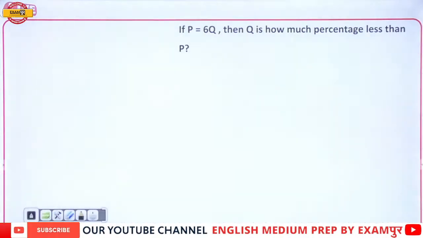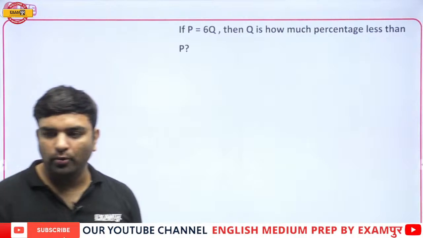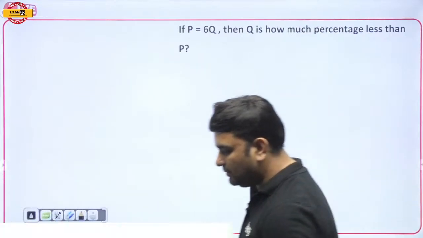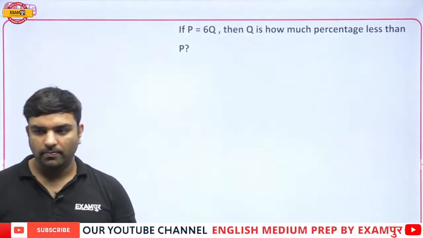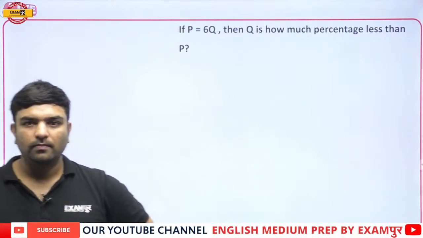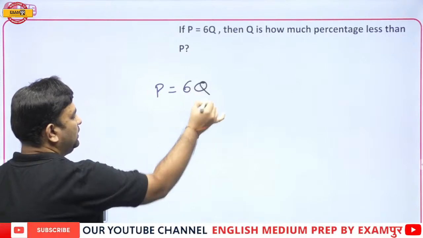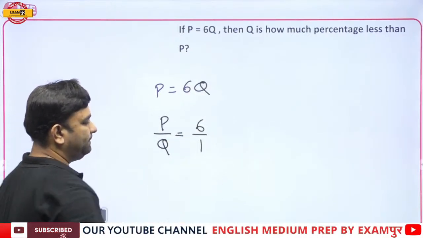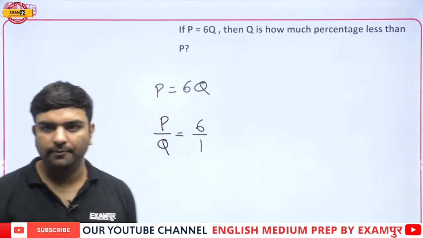P is equal to 6Q, then Q is what percentage less than P? P upon Q is in the ratio 6:1.